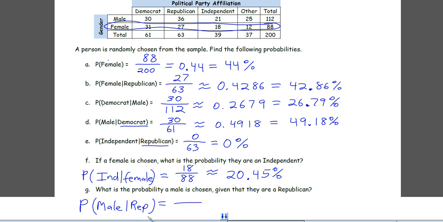So that means we know they're a Republican, so we're only looking at those 63 Republicans. And of those 63, 36 of them are male. Doing your division, moving your decimal over, you should be getting 57.14%.